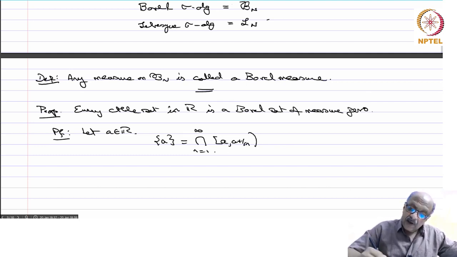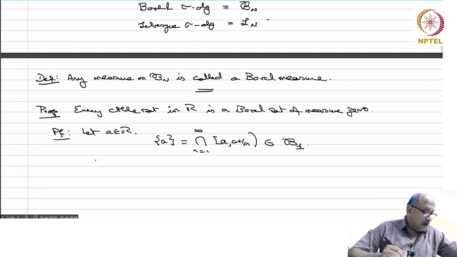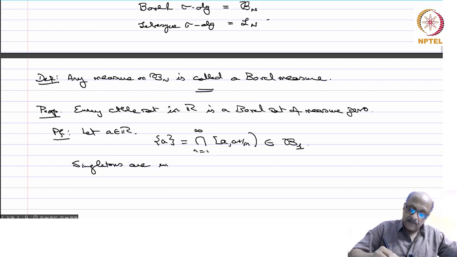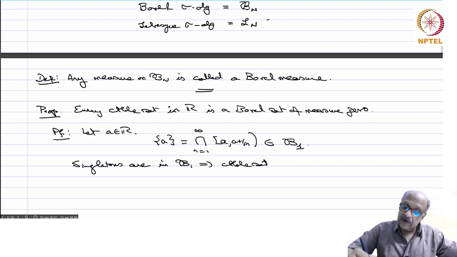And since this is a countable intersection of elements in P, which are also in R, this belongs to S(R), that is, it belongs to B_1. Okay, so singletons are in B_1, which implies countable sets are in B_1, because a countable set is a countable union of singletons.